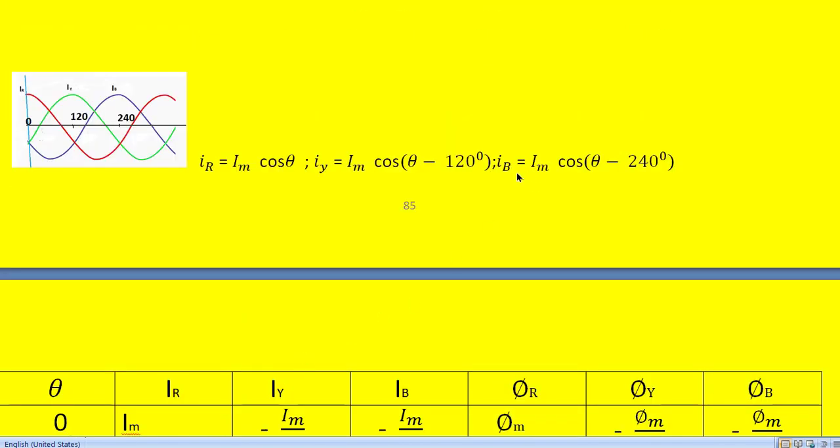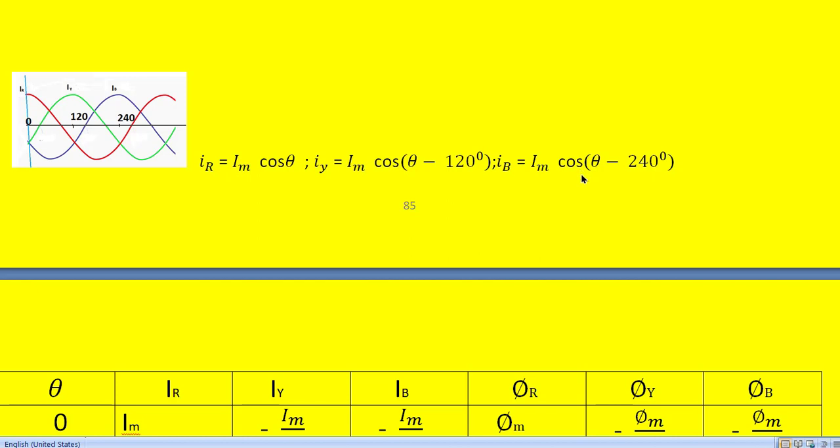So next, for IB at theta equal to 240 degrees, IB is equal to IM cos(240 minus 240), which means IB is equal to IM cos 0. Cos 0 means 1, so IB is equal to IM into 1, which means the IB value is maximum.